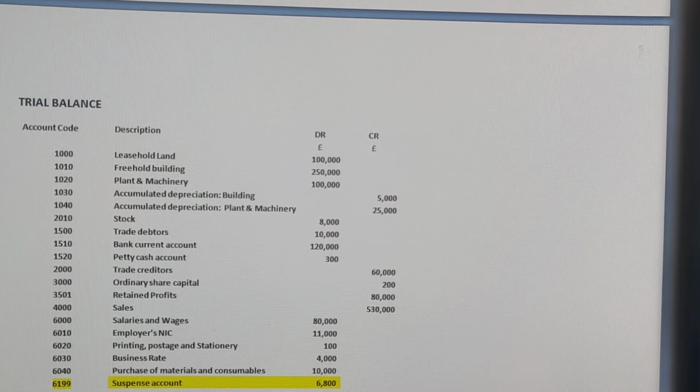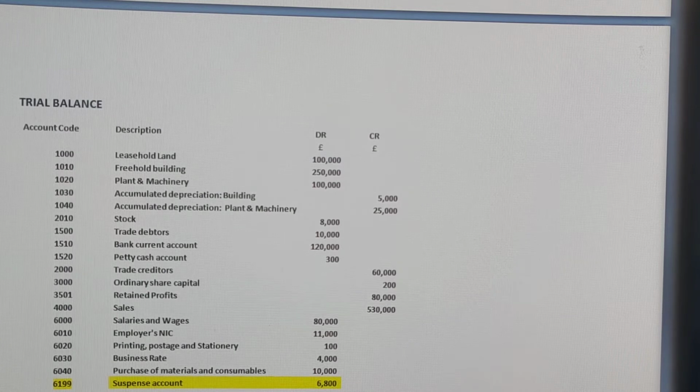In total, they will come to £100,000, but you will not see those individual items on the trial balance, because those will stay in the nominal ledger. The nominal ledger should agree with the trial balance. You will only see £100,000 there on the trial balance, which will be the total sitting in the nominal ledger.